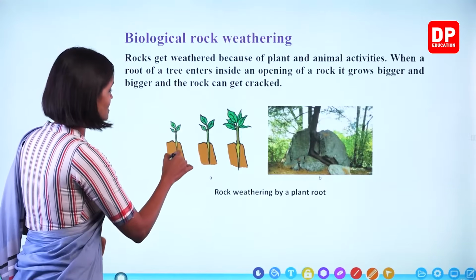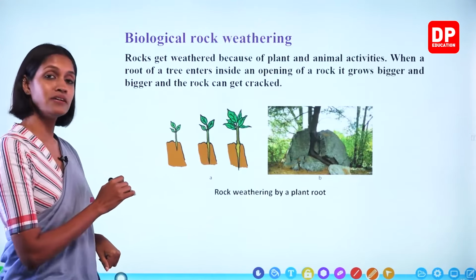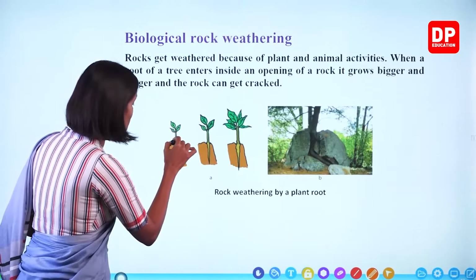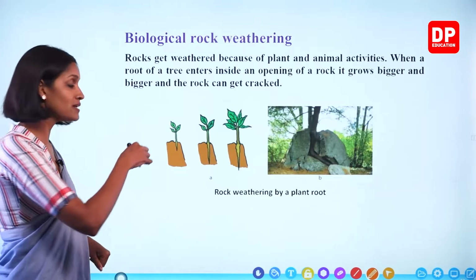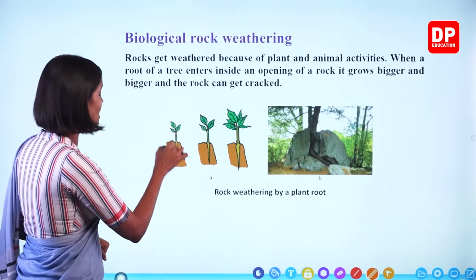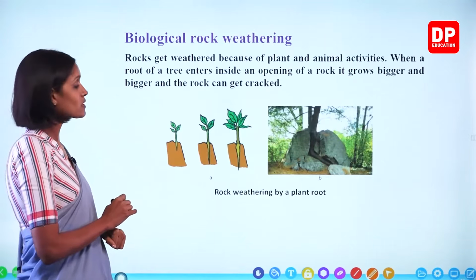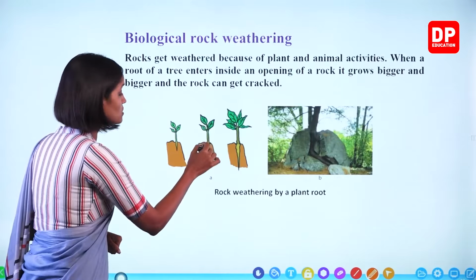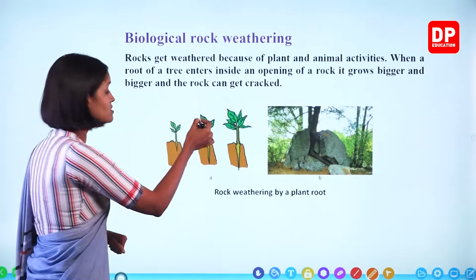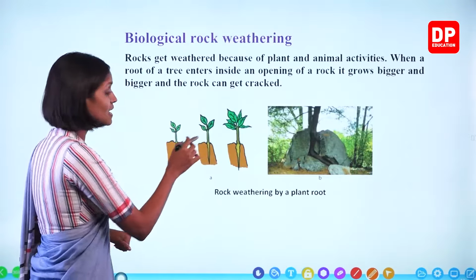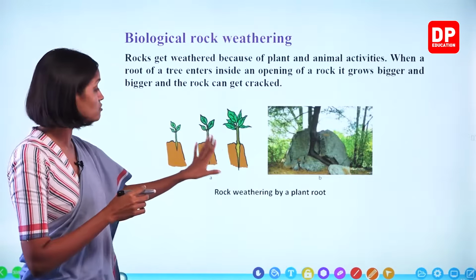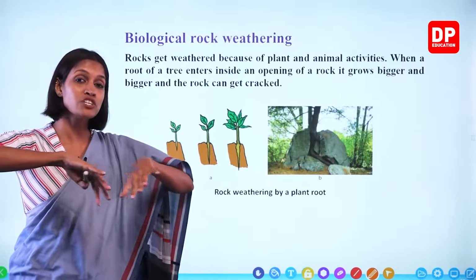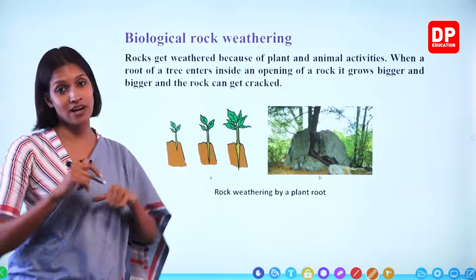Here you can see this is a small plant. The root of that small plant goes through a small cavity or small crack present in rocks. As the plant grows, what happens? Roots also get bigger, and when the plant root grows, it creates pressure on the wall of that tiny crack.